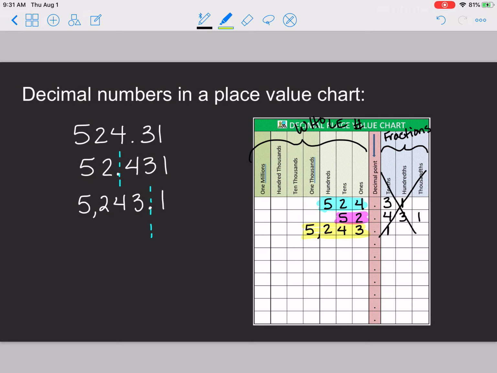Well, I know that 5,243 is going to be my largest or my greatest number, the number with the greatest value.